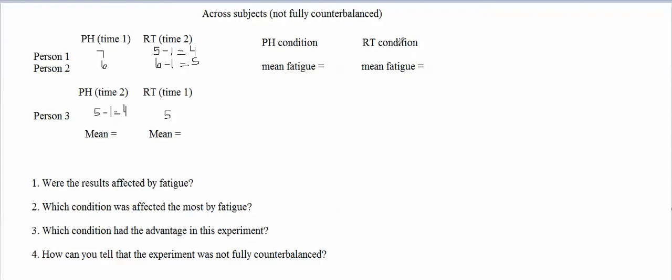If these two numbers end up being different, then the results were affected by fatigue, because one condition had more fatigue than the other, and the answer here would have been yes. And then, if the answer to that one is yes, then for question 2 you would look at the condition that has the highest fatigue average, and that would be your answer for the condition that had the most fatigue.